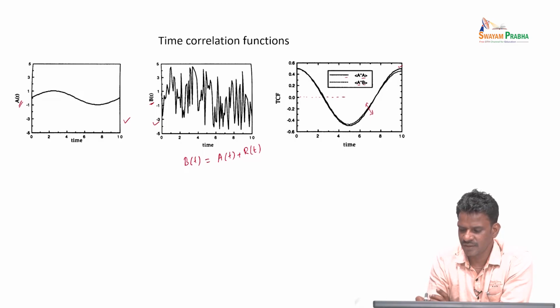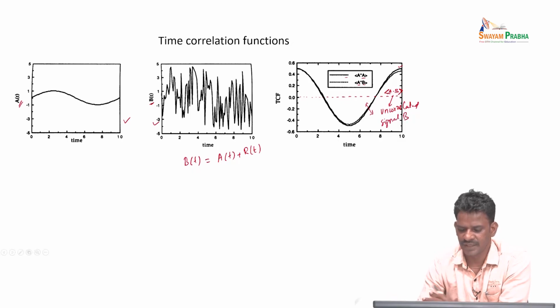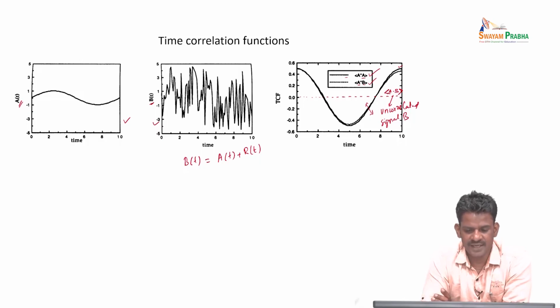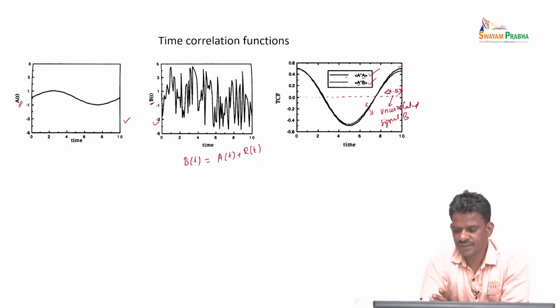So, this would have been your A dot B for an uncorrelated signal B. But in this case, because B is highly correlated, you can see that both autocorrelation and cross correlation functions are very identical to each other. So, by measuring the autocorrelation function and cross correlation functions, we are able to decide whether two signals are identical or not.